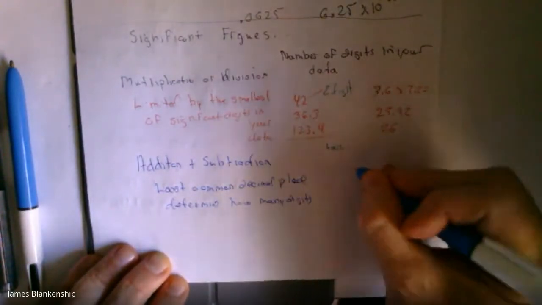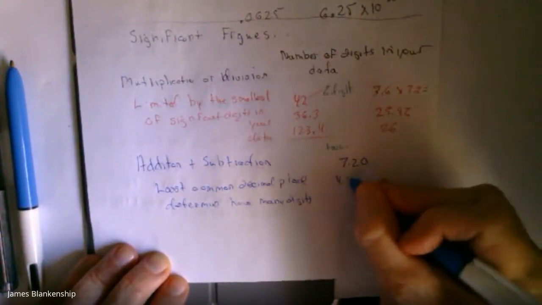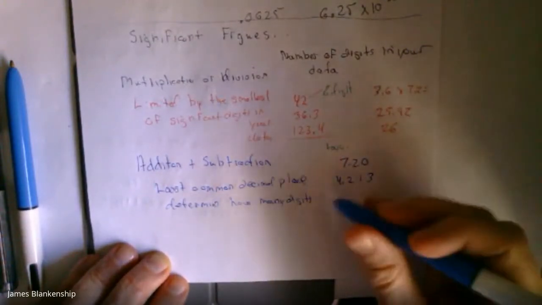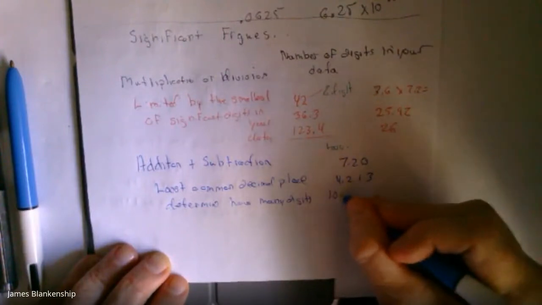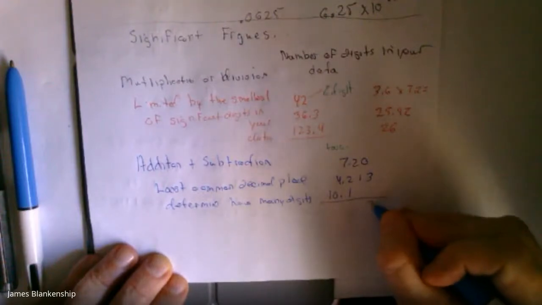So let's say we had values like 7.20, 4.213, and we had 10.1. We would go ahead and find our answer.